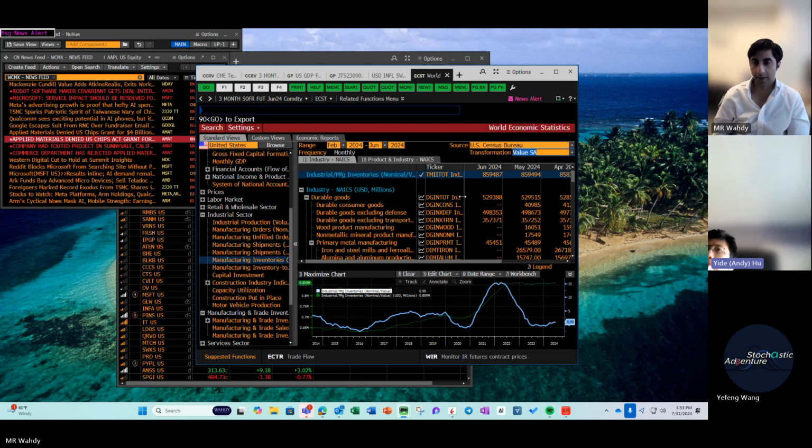So hence I'm on this, I don't want to call it recession, but contraction, slower economy bandwagon for the remaining of the year, and it will spill over into the beginning of 2025.